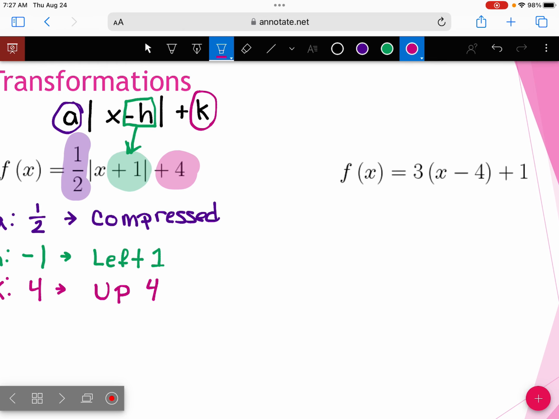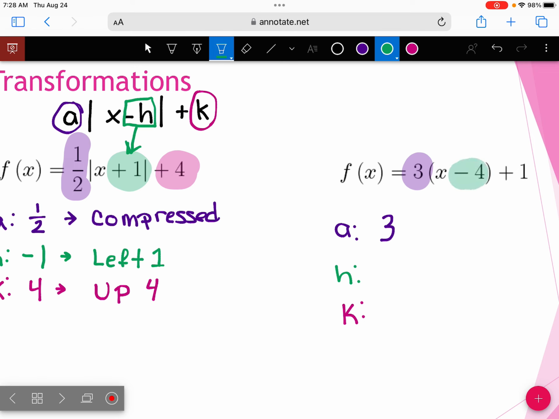We're going to do the same exact thing over here. We are going to find our A, our H, and our K. The A is the number multiplied out front. So what is our A? 3. H is inside and with the opposite sign of our expression.